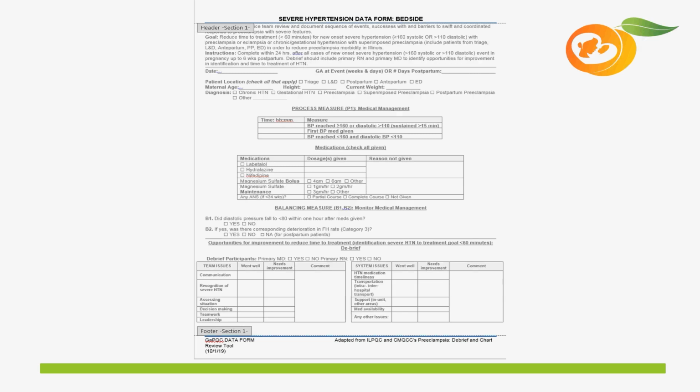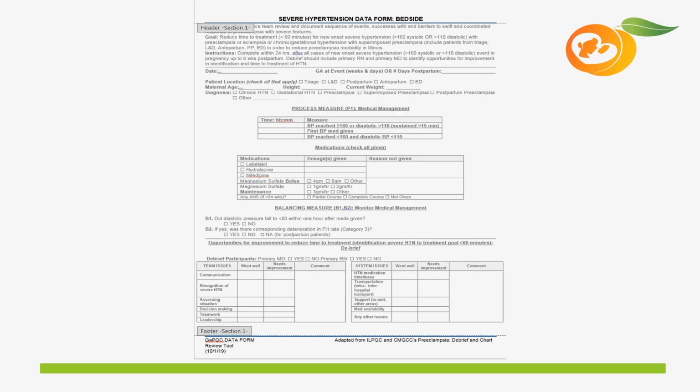I think we could envision a time when, if this information were collected, moving forward into the future, we could maybe have a system in place to actually have this data entered electronically. But for now, just to have this as a tool that's in place at the bedside to collect.